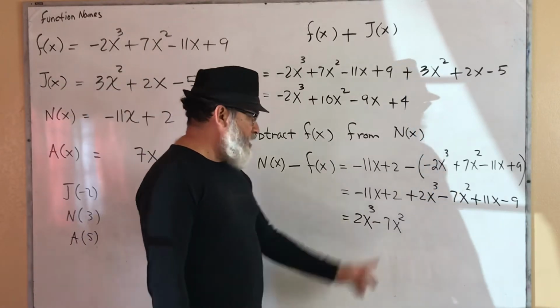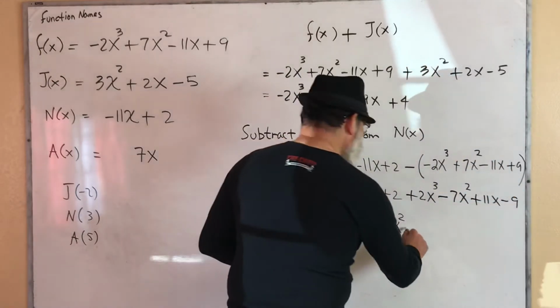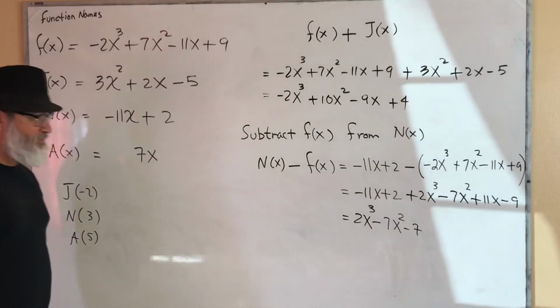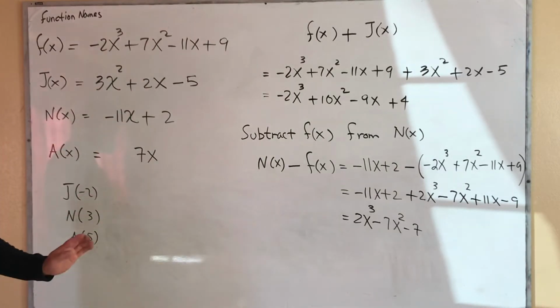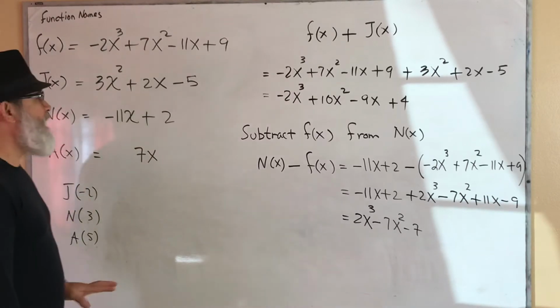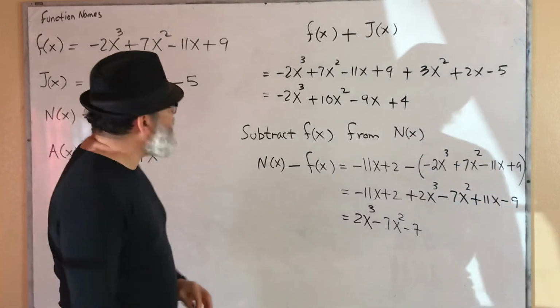And what is 2 minus 9? Negative 7. And there you go. That's subtracting Frank from Norma.